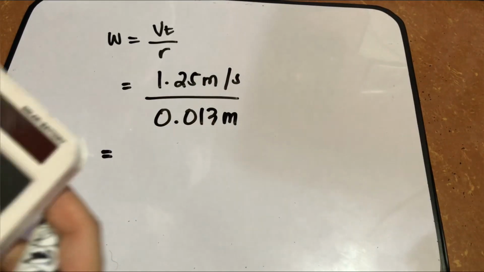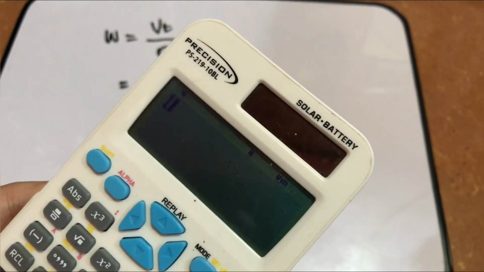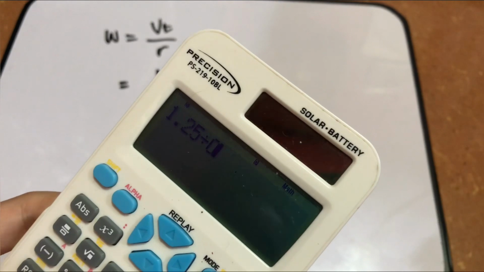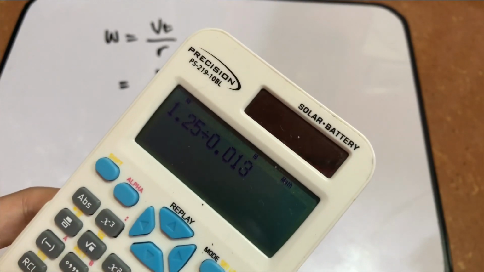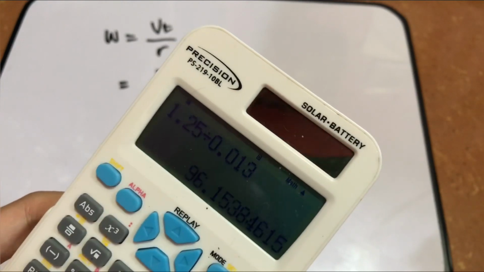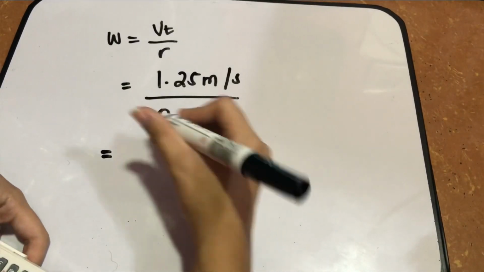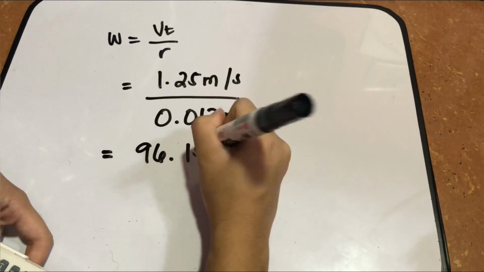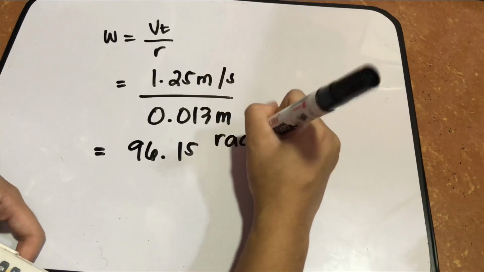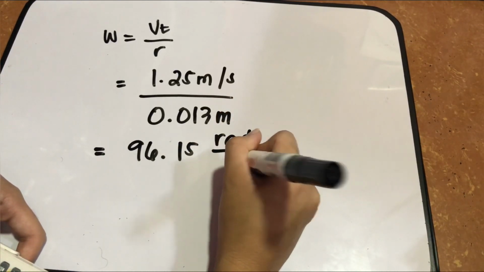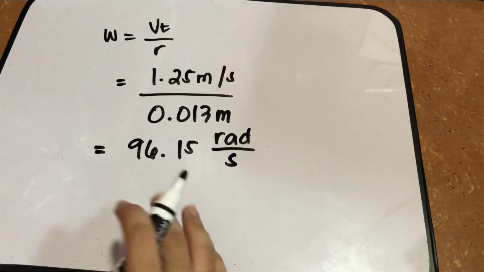So, ato ni siyang isolve. 1.25 divided by 0.013 is equals to 96.15 radians per second. So mao na siya ang ato ang rotational speed. So karon kay nakuha naman nato ang iyang rotational speed, ma-solve na nato ang tangential speed niya sa outer edge.